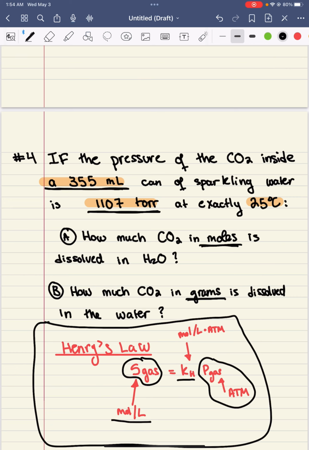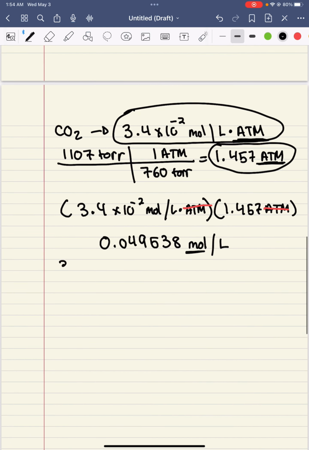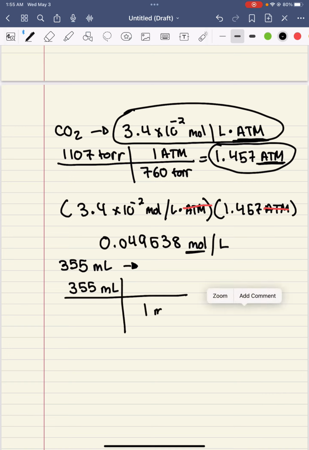355 milliliters. So you just convert that 355 milliliters to liters. The way you do that is you take that value in milliliters and you times that by 0.001 liter, and you get a value of 0.355 liters.